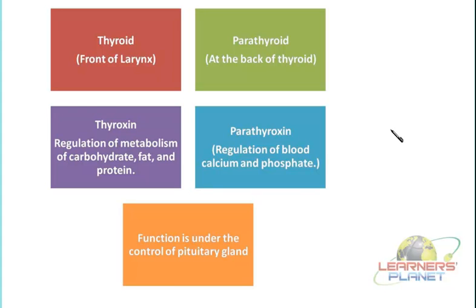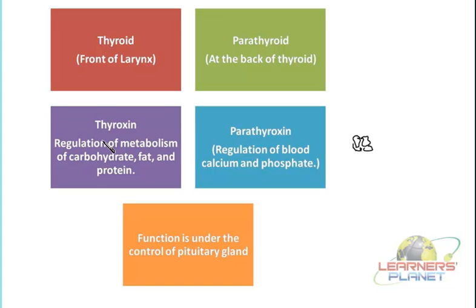Just for your clarity regarding this point, we are making a rough diagram. Suppose this is one pair of thyroid gland, then behind this there will be another gland which is known as the parathyroid. So one behind the other, but slightly towards the downside. This is how these glands are located.